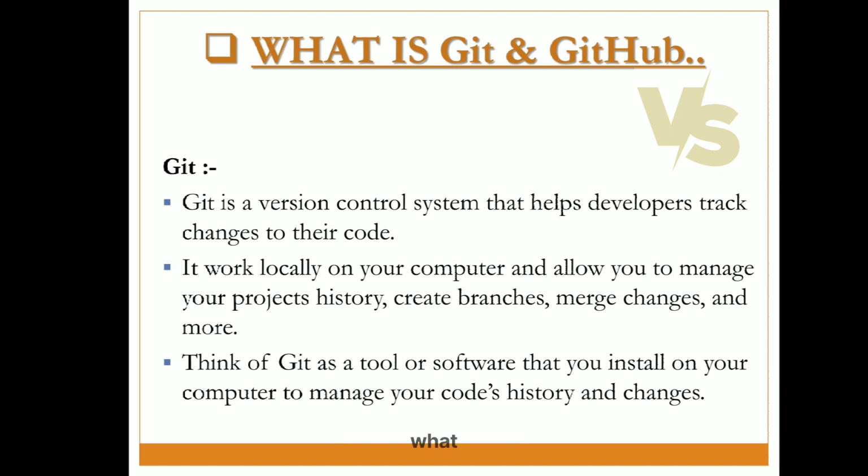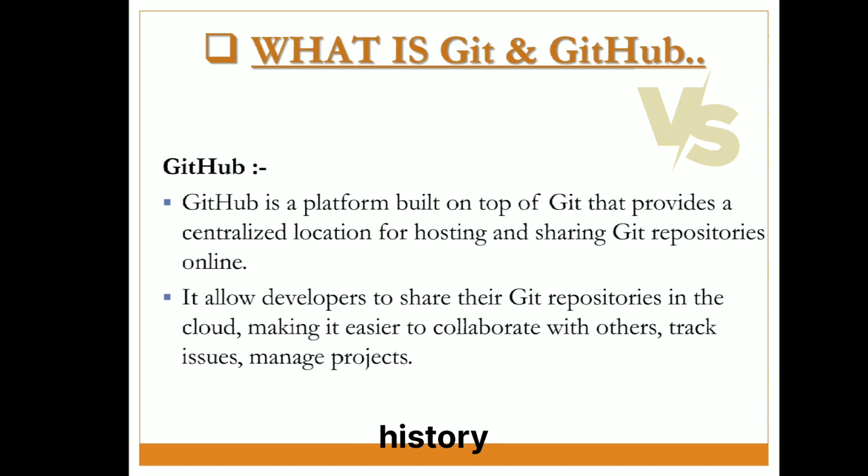Now let's understand what is Git. Git is a version control system that helps developers track changes to their code. It basically works locally on your computer and allows you to manage your project's history, create branches, manage changes and more. Think of Git as a piece of software that you install on your computer to manage your code, history and changes.